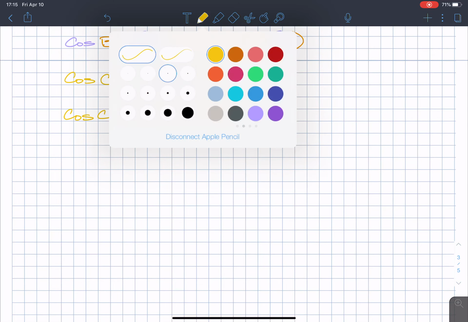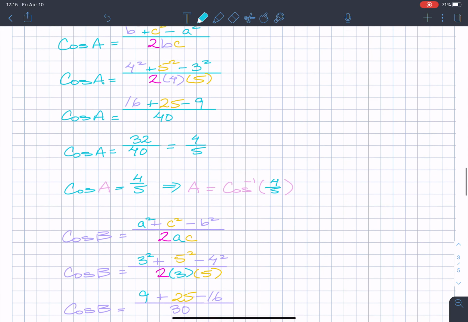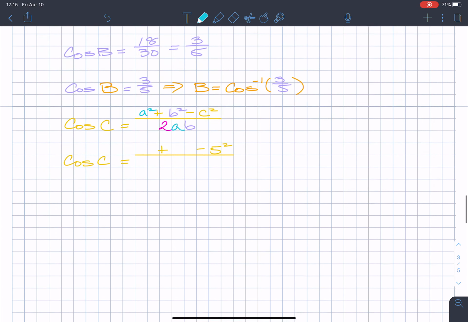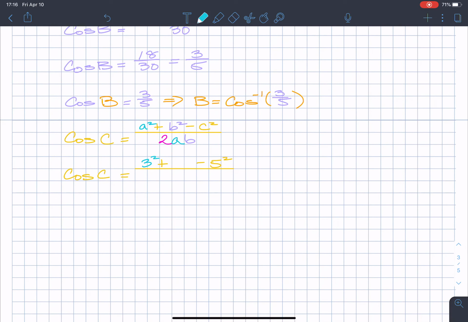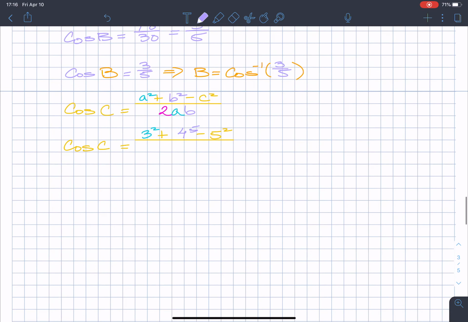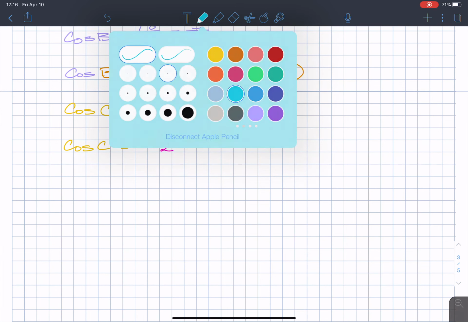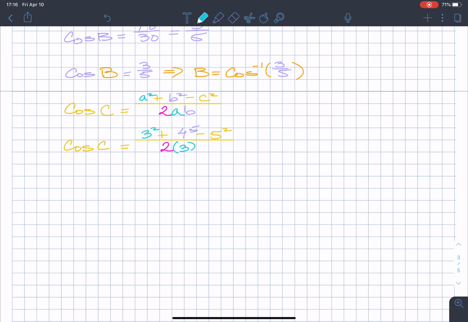So A was 3, so we have 3 squared. B was 4, plus 4 squared minus 5 squared all over 2 times 3 times 4.